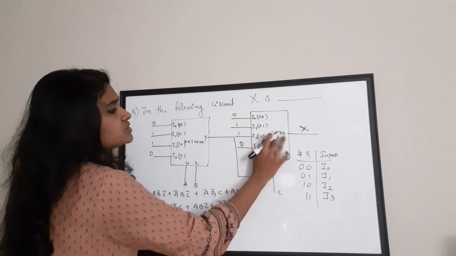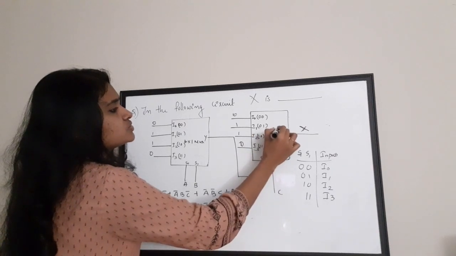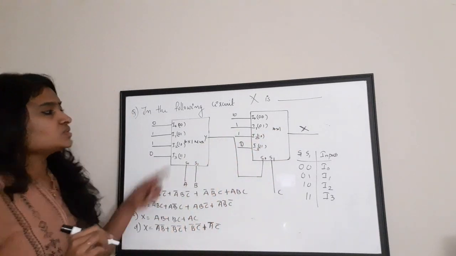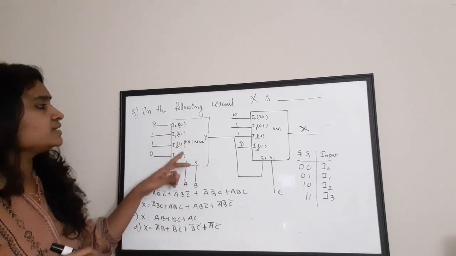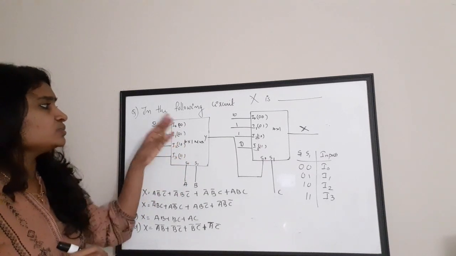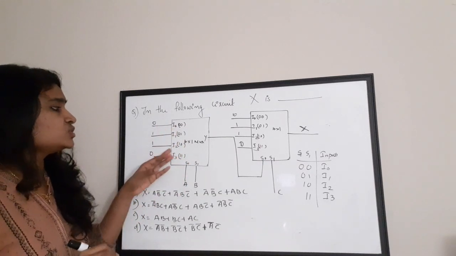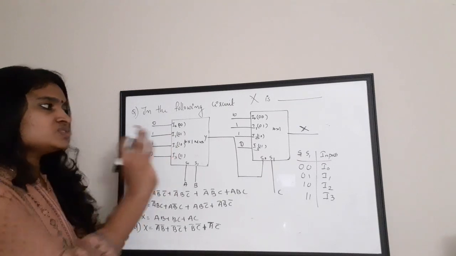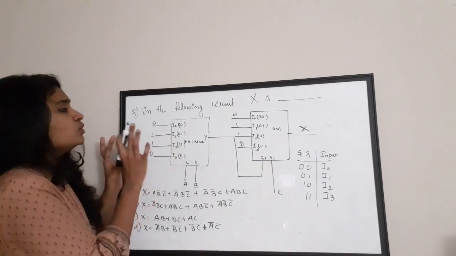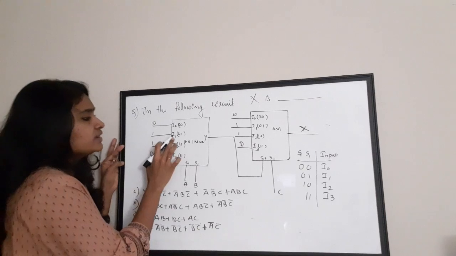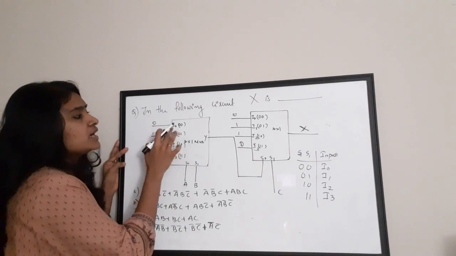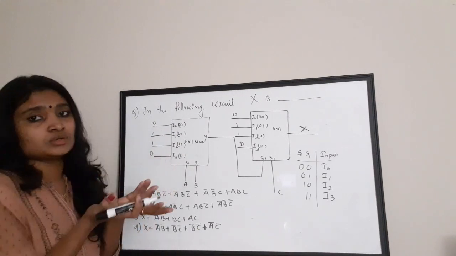Okay, I'll just remove this 4:1. Now, this is the select lines corresponding to each of the inputs I0, I1, I2 and I3. And if you see, the inputs are 1 only for I1 and I2, right? The I0 and I3 are 0.